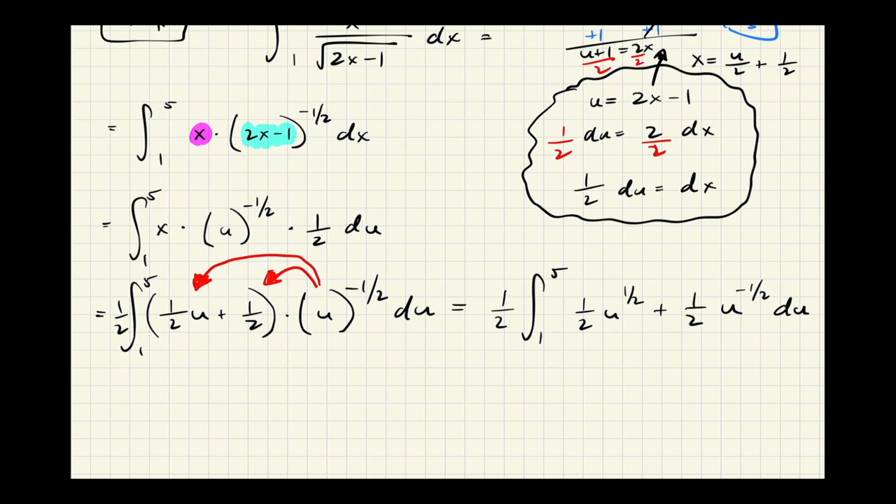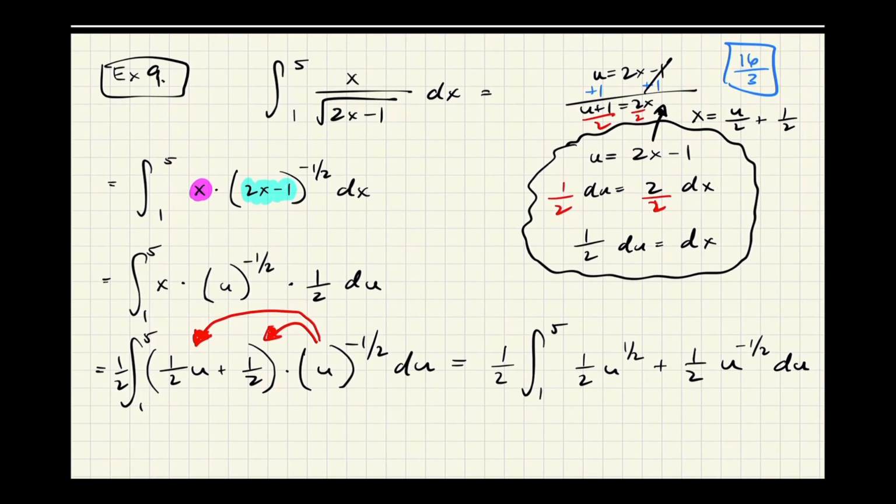Okay? Use the power rule. Plug u back in. Go from there. I'll finish it on the notes so you can look at it later, or to check, but the answer is 16/3. So if you get 16/3, you know you did it right.